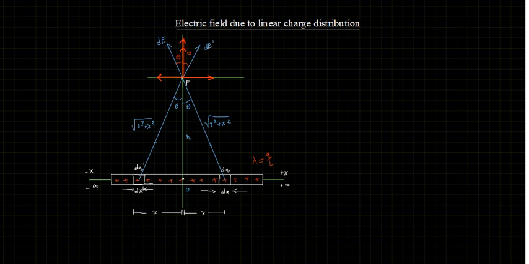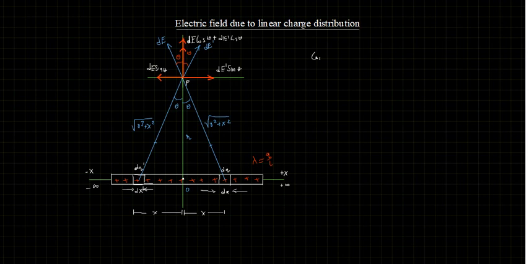As you can see, the components present here are all the cos components, dE cos theta. The components of both of the electric fields are adding up, dE dash cos theta getting added up, and these are dE dash sin theta and dE sin theta. They are equal and opposite, so they will cancel out. Only the cos component is going to get added up.